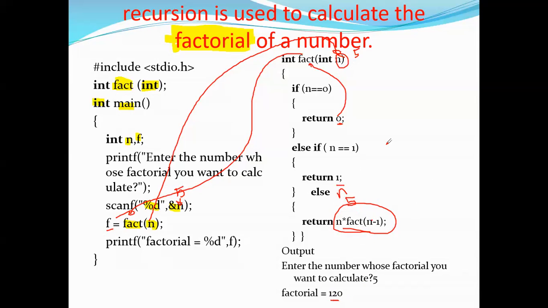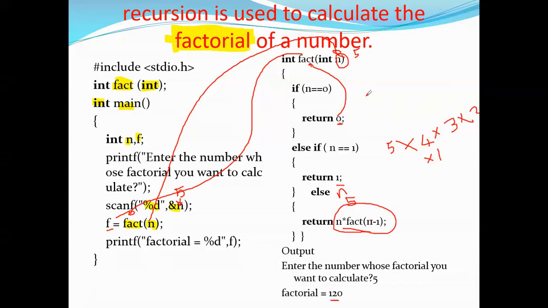I will show one more table, and from that table we will understand how it is operated. That is 5 multiplied by 4, multiplied by 3, by 2, by 1, the factorial operation. First 1 is multiplied by 2, 2 is multiplied by 3, and that value 6 is returned back, like that.